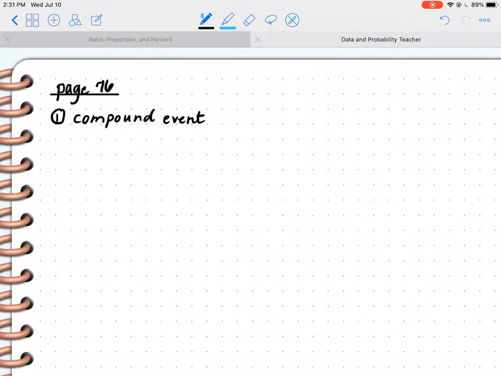Simple is the opposite of compound. Number 2, blank is the study of how likely it is for an event to occur, and that is probability. I'm capitalizing because it's the first word of the sentence, probability.